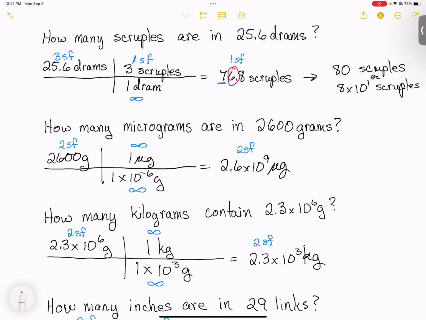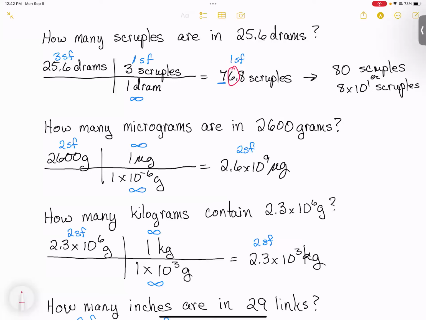I always used to get confused about, on number 5, when you put 1 gram at the top, instead of doing however many kilograms equals 1 gram. That is based off of which metric prefix conversion table you use. In the one I have given you, you will notice that the 1 is always associated with the prefix.